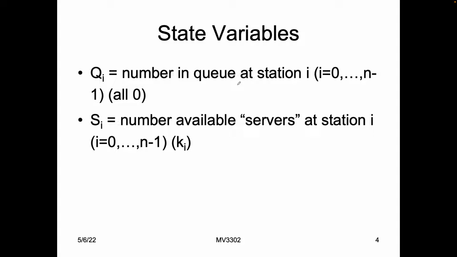Remember, n was the number of stations, and notice that this is that for loop that we talked about yesterday, and this is one of the main use cases for it. So I'm initializing an array state variable, and I want to set its initial values one at a time.